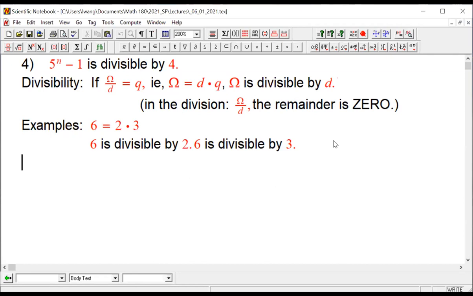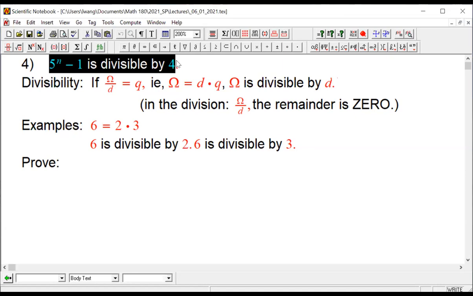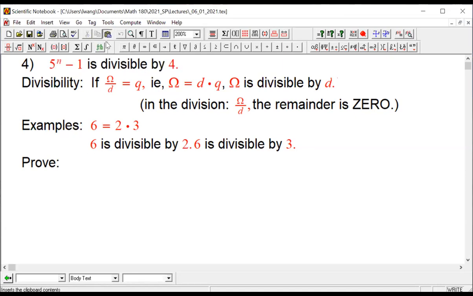So we're going to use this concept in number 4, of course, for natural numbers. In this case, we're going to prove that this expression is divisible by 4 using mathematical induction.